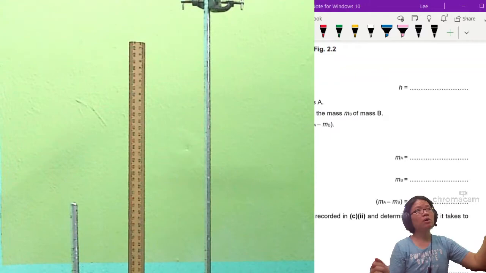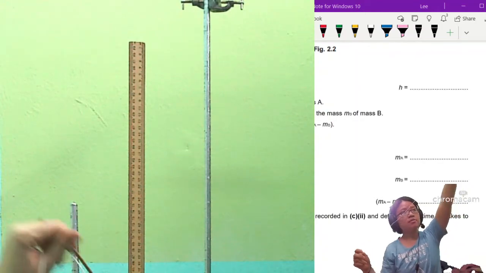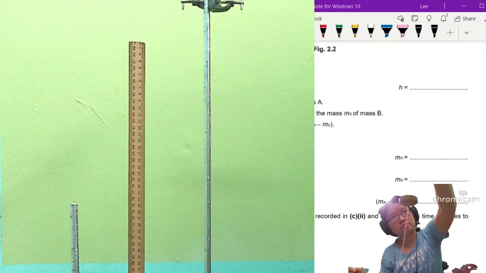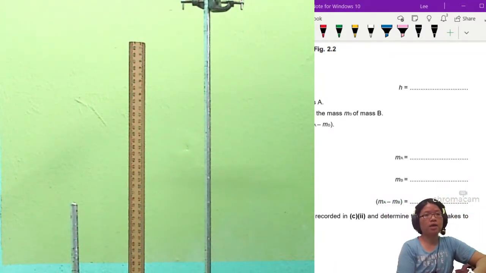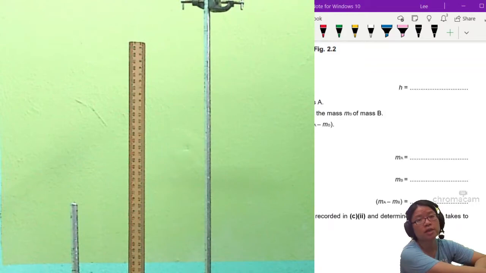All right. So now I'm going to zoom out the camera so you can observe when this mass A hits the ground, and measure the time taken. I will repeat the experiment 3 times. All right, 3 times repeat so that would give you a good reading.